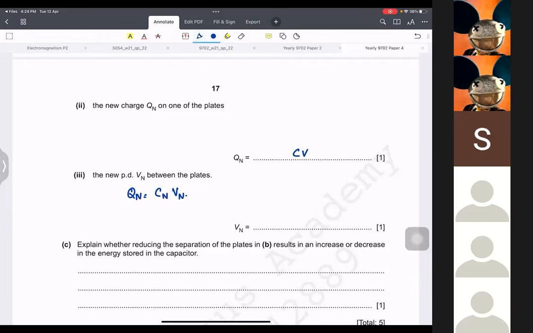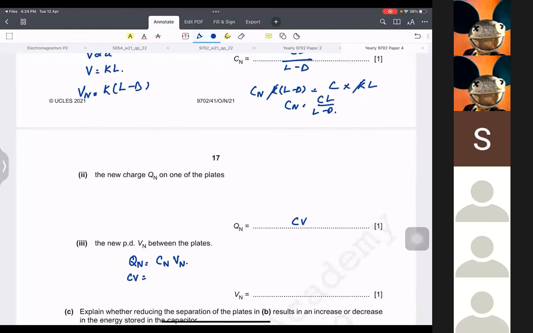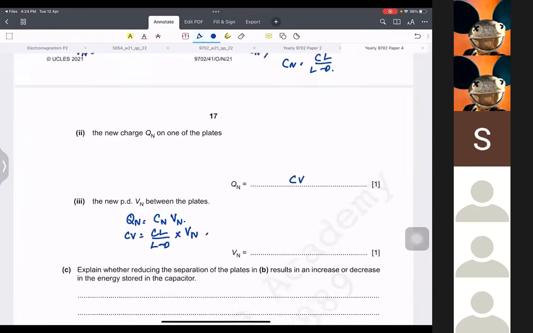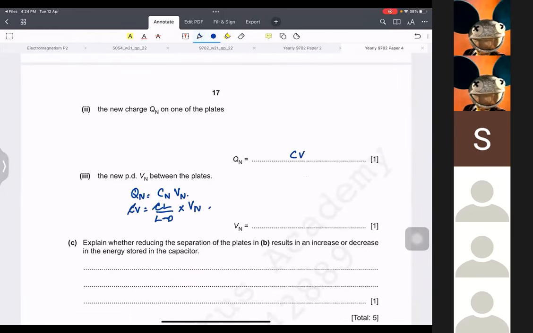Now if I think correctly, this will be CV. Cn we already found, that is CL over L minus T, and Vn is what we need to find. So C and C will cancel out, and we get V times L minus T over L. This question has no sense in physics, it's just maths.